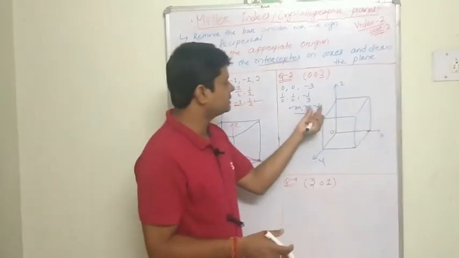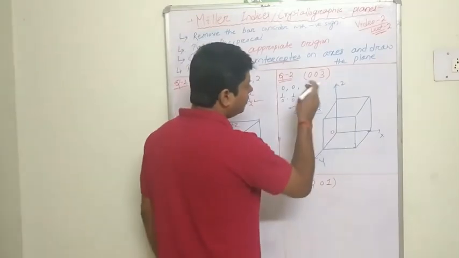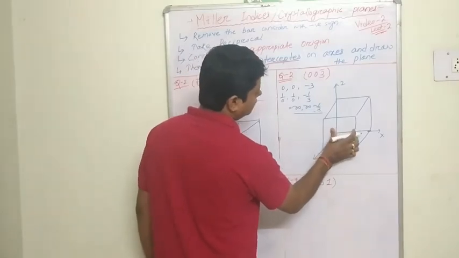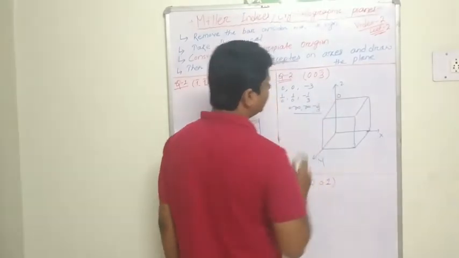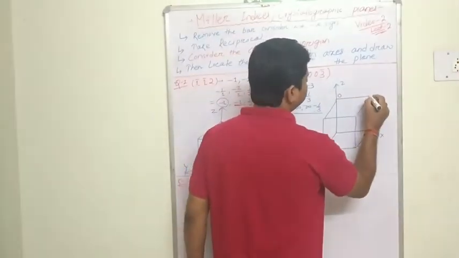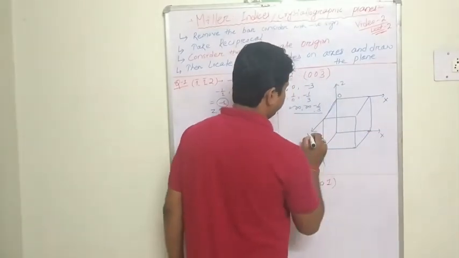Here the negative is z. We have to shift the origin along z. That means initially it was here, so after shifting it will be here. That means the origin has been considered to be here. So here this will be x and y and z.